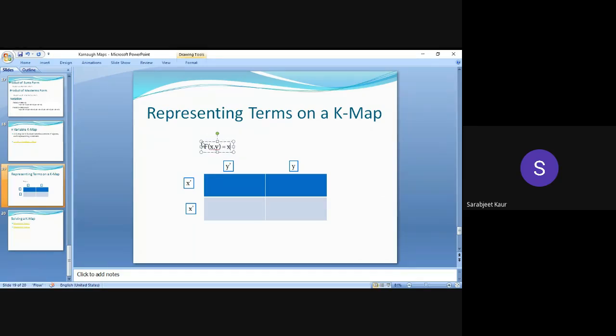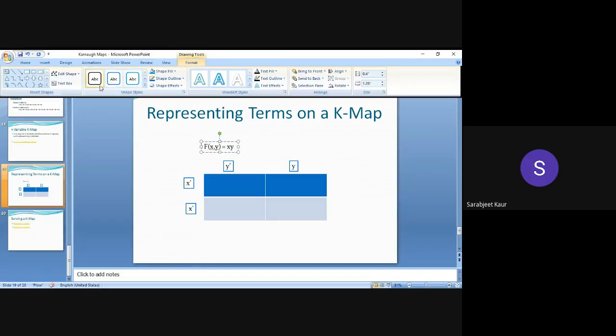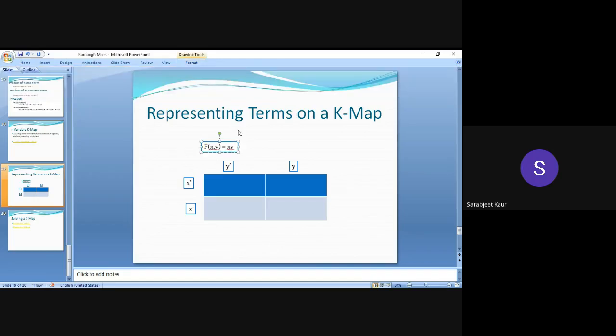And the first thing that I must represent is xy. So this is my Boolean expression that I have to represent. How will I represent this?